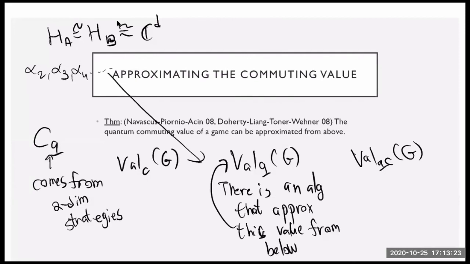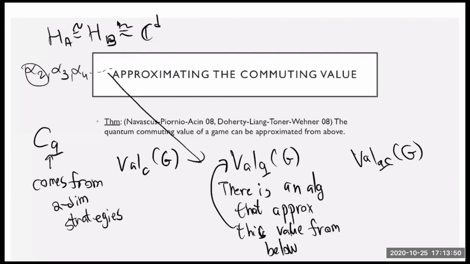Now just check all of them. Take all these correlations, calculate the value for them. You get a finite sequence of numbers. Take the maximum out of them. This is alpha_2. Do the same thing for the three-dimensional case, and now make epsilon a bit smaller. The maximum over this finite set will be alpha_3.